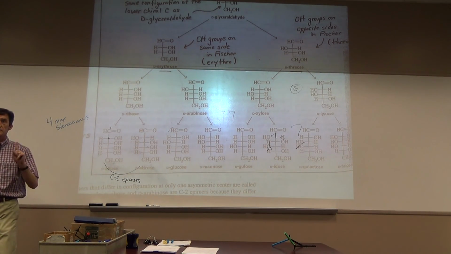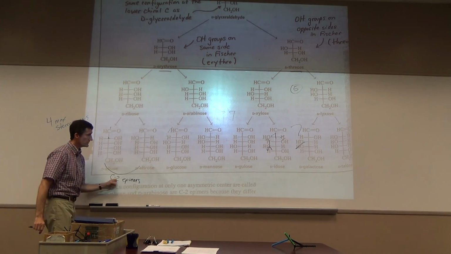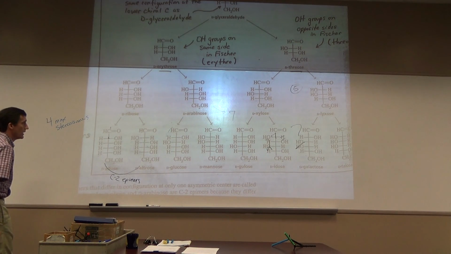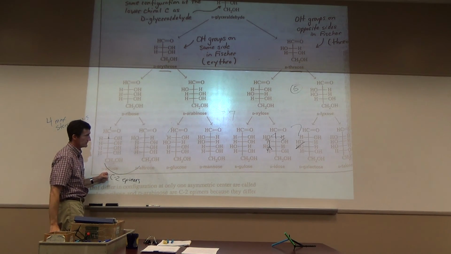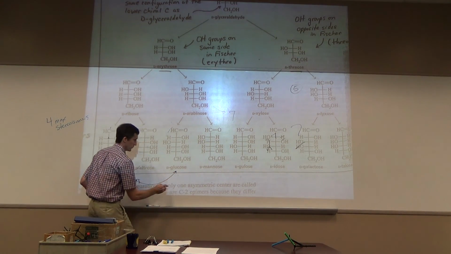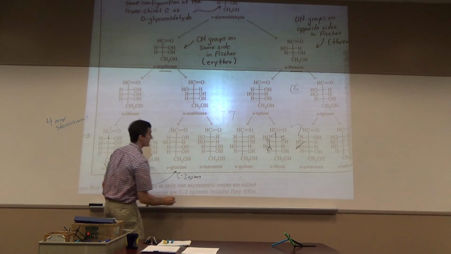That tells you that at carbon 2 you had a change. So now we can have some terminology. Glucose, what's its relationship to allose? They're epimers, but more specifically, C3 epimers.